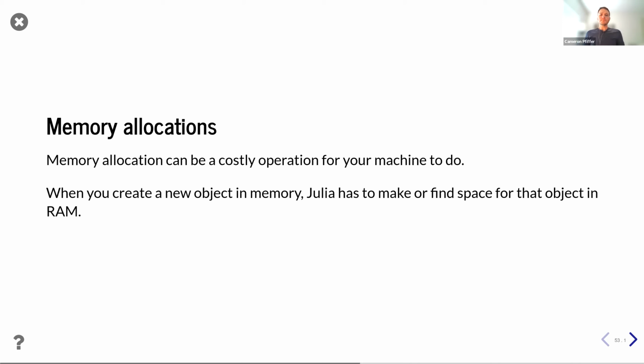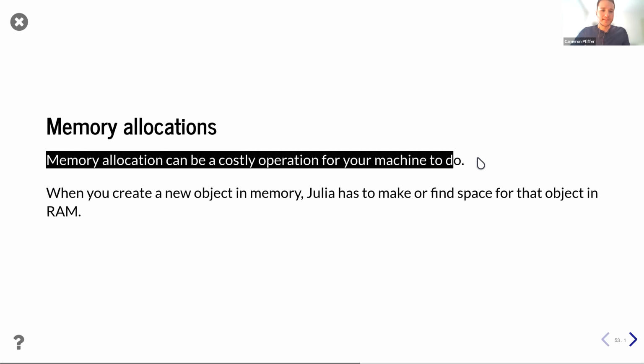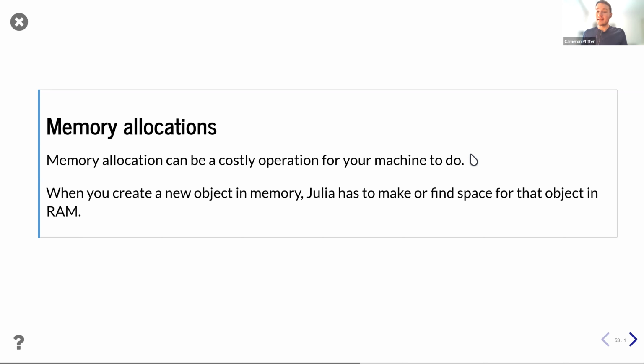Okay. So I'm going to start with this truth here. Memory allocation is costly for your machine to do. It's a task that it has to complete. It basically has to draw a box inside of your memory, your RAM, and put space for it and put things into that box.